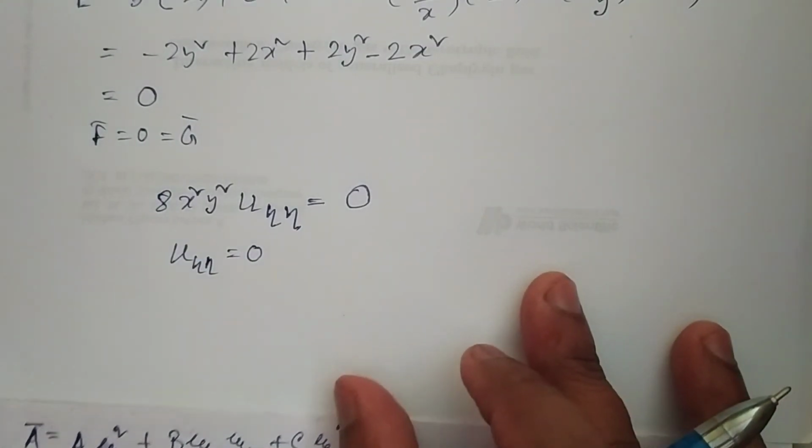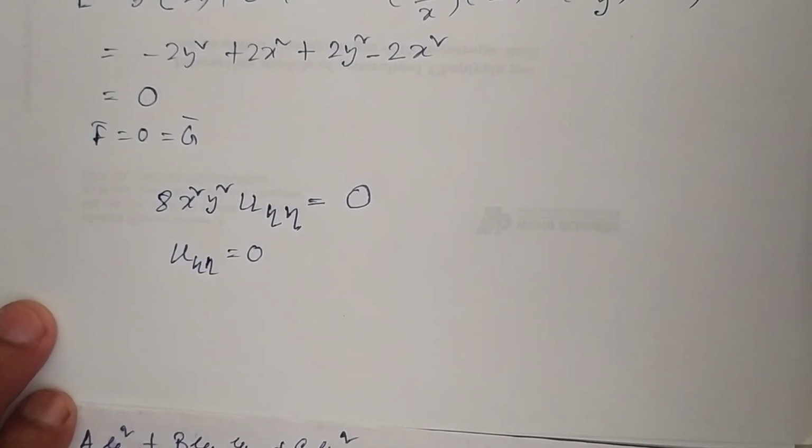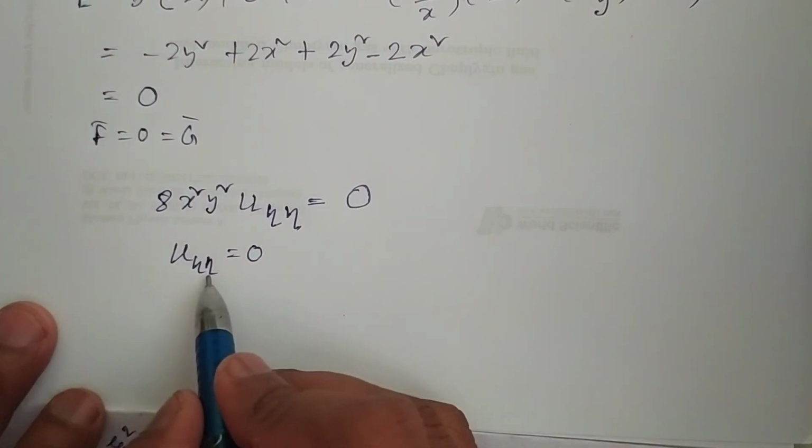And if you want to solve it, then that will be two functions of xi, because this is differentiation all with respect to eta.